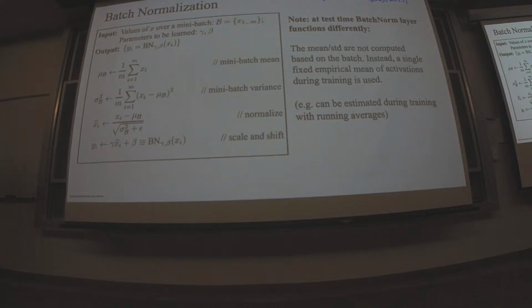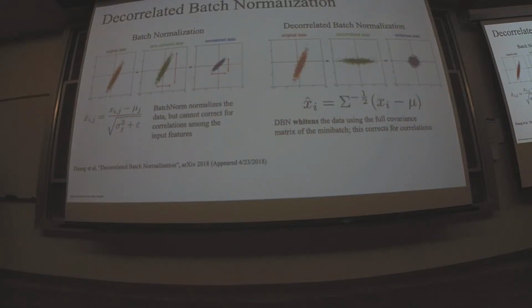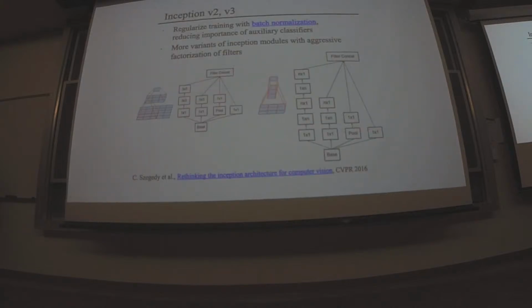So simple standardization operation, you have two learned parameters, and then at test time, you actually use these moving averages of the means and the variances from during training, and that just makes everything work really well. You can get kind of fancy with this. You could make sure that your variance is whitened every single time. You don't usually see that, but you could.